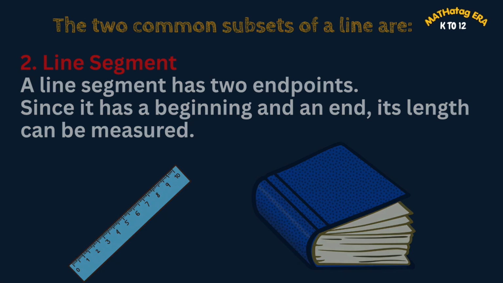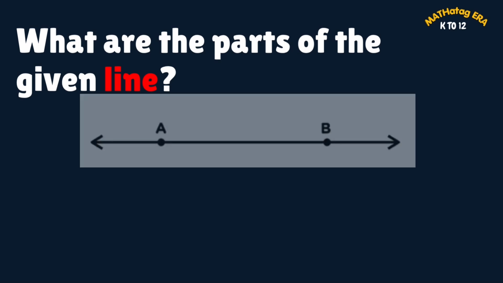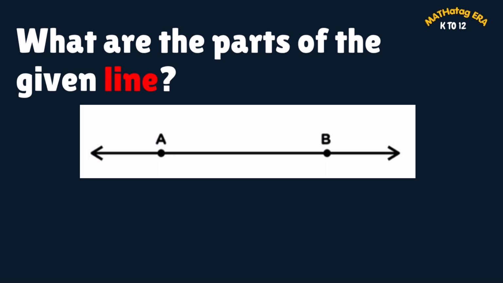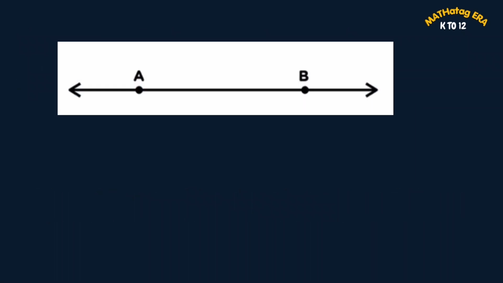Now, let's take a look on the figure. What are the parts of the given line? Suppose we have line AB represented as AB with points A and B on the line. Since point A and B lie on the line, they can be used to define its subsets.